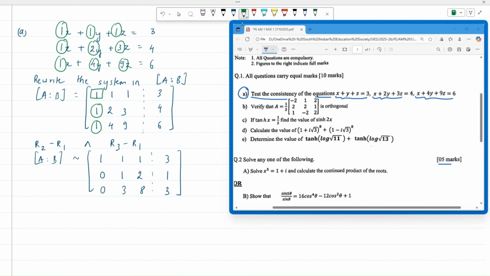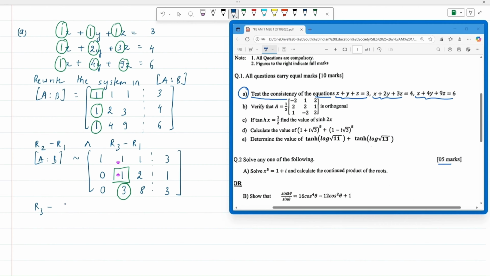Now let's look at the next row, next column. This is the pivot element, and below this we have a 3 which needs to be reduced to 0. So it's in R3. Now the silliest mistake which students make is, they use this 1, that means row 1, to make the entry 3 as 0, which is absolutely incorrect. So you got to use the pivot element only.